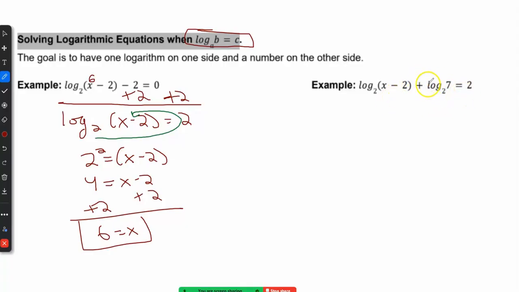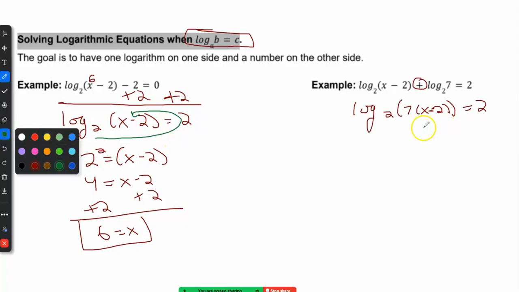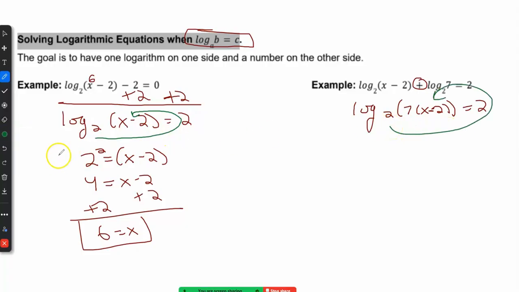This plus can become multiplication. So I have log base 2 of 7 times x minus 2 equals 2. I can loop this once I get it in this form. Four equals 7x minus 14.